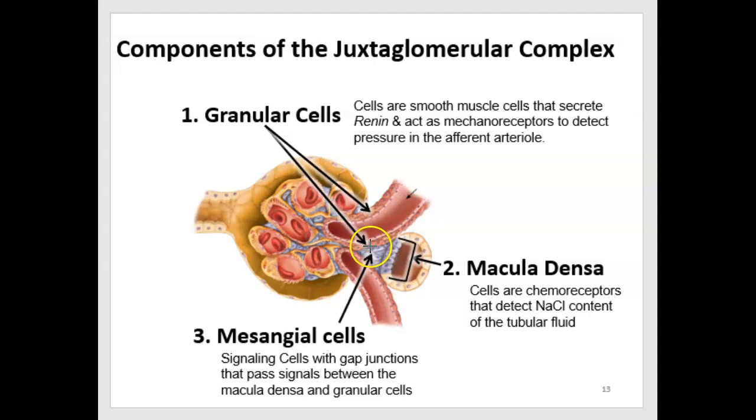But they pass signals between the macula densa cells and the granular cells. So, three components. And with this introduction, we're going to be able next time to focus specifically on filtration and how it's controlled and regulated. Thank you. That's the end of this lecture.